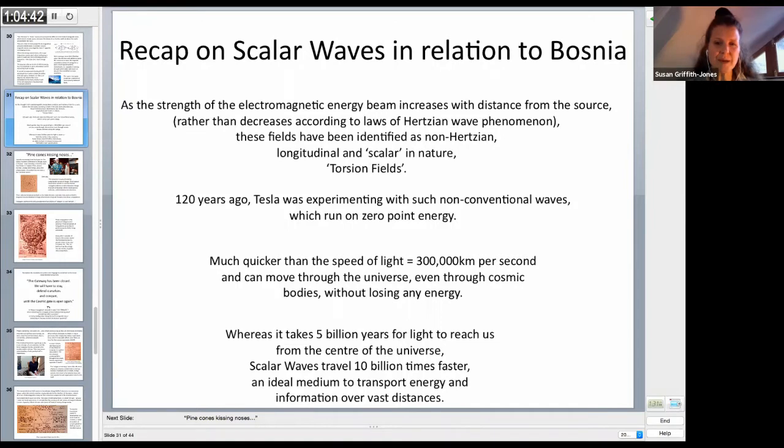So we're talking about the beam that's coming out of the top of the Pyramid of the Sun here, that potentially this is longitudinal, or rather, longitudinal is just another word for scalar. They are potentially longitudinal and scalar in nature, and torsion fields, as described by Tesla 120 years ago, who was experimenting with such non-conventional waves which ran on zero-point energy at that time.